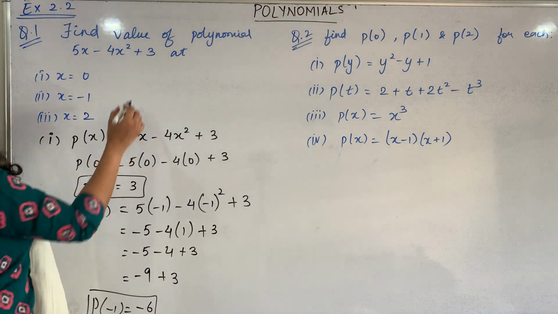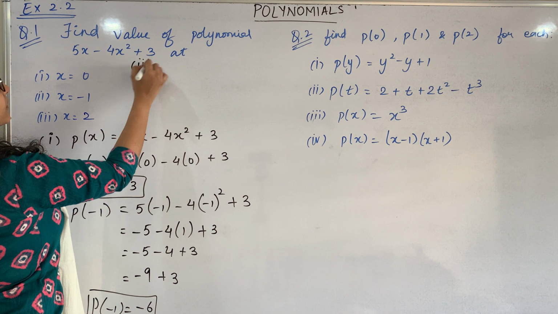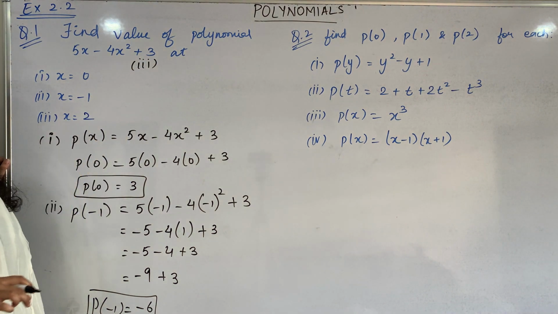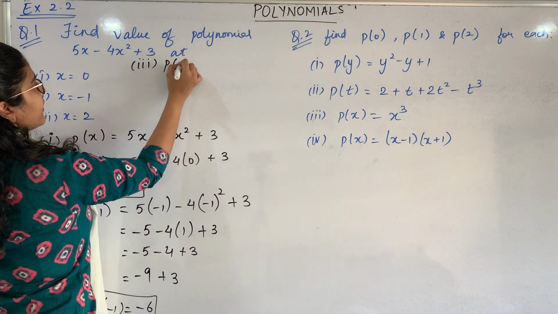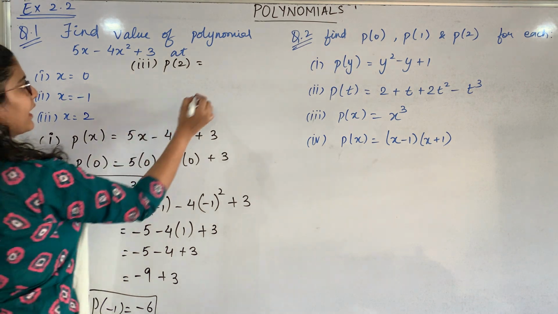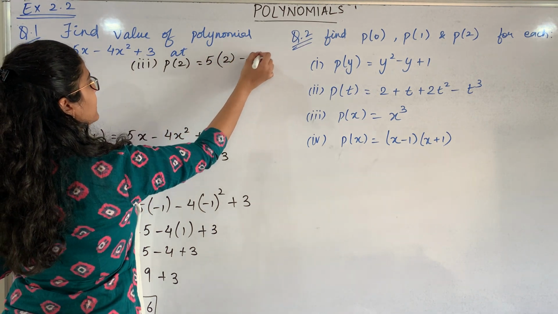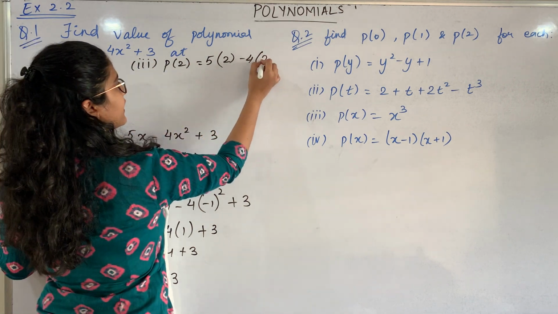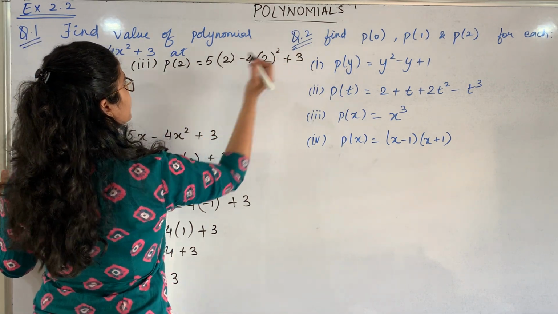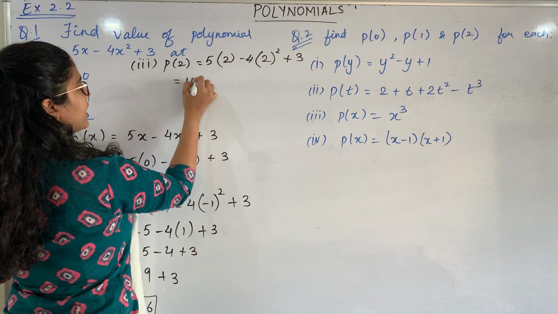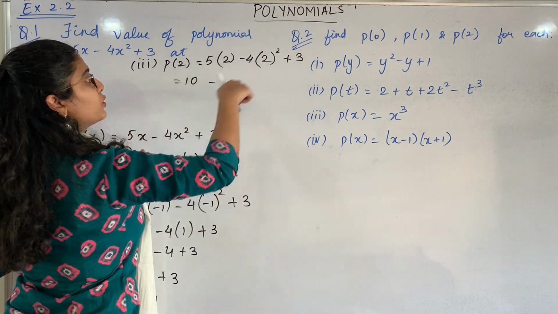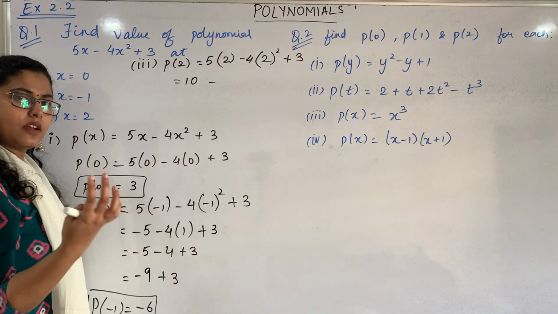Is this clear? मैं थर्ड इधर कर रही हूँ. You have to find at x is equals to 2. That is you have to find P of 2. Let's keep the value. So 5, x के प्लेस पे क्या रखना है, 2, minus 4, x के प्लेस पे क्या रखना है, 2 whole square plus 3. So you have 5 2s are 10 minus 2 square. What is 2 square? 2 2s are 4.